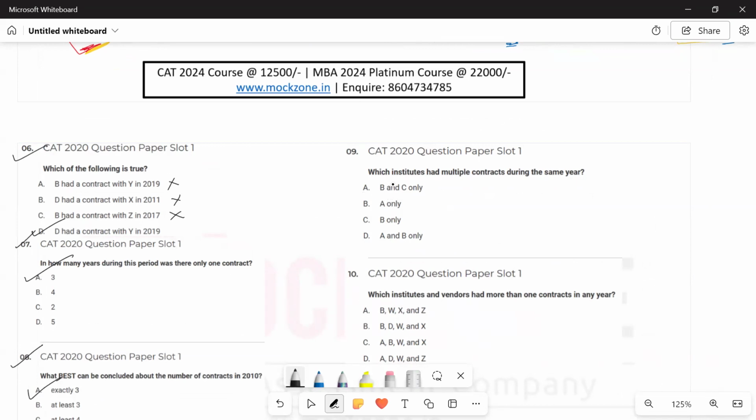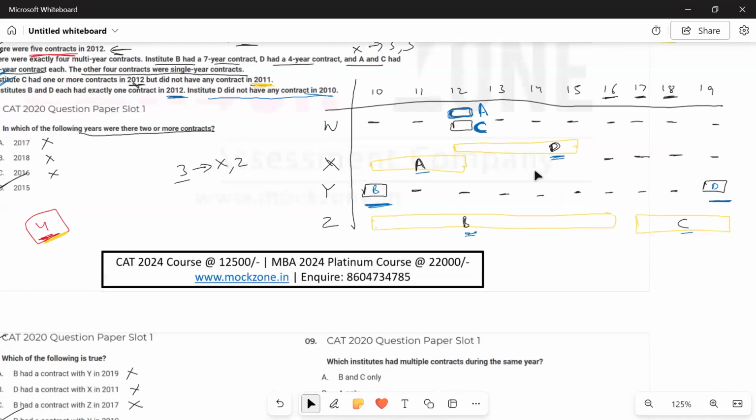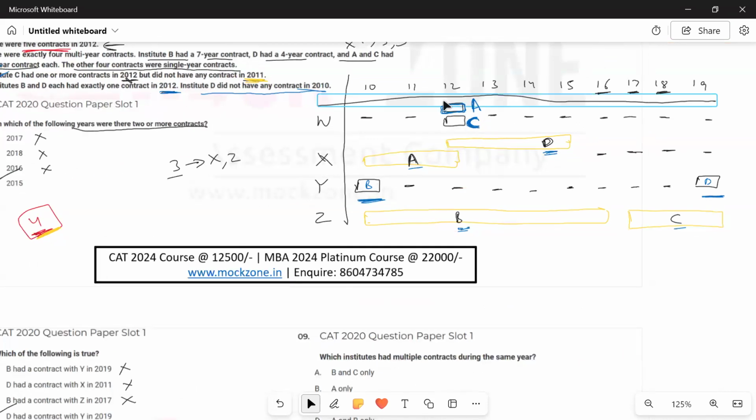Question number 9 says, which institute had multiple contracts during the same year? We know W has multiple contracts, but sorry, the question is about the institute, not the vendor. A had multiple contracts during the same year, one with W and one with X in 2012.